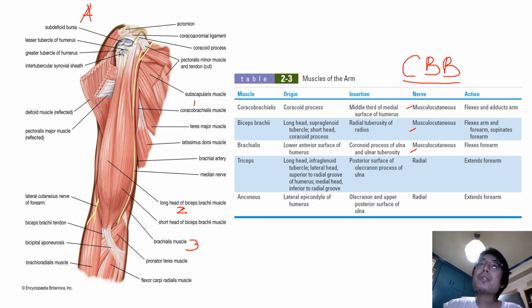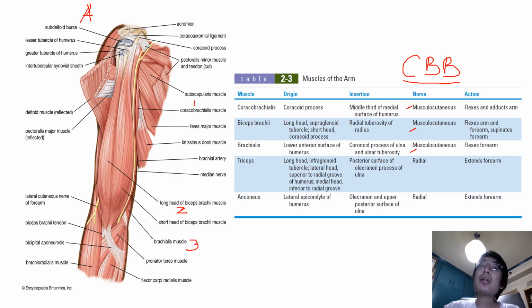The triceps inserts into the posterior surface of the olecranon process of the ulna, and it is innervated by the radial nerve. As we may deduce, the function of the triceps is to extend the forearm.